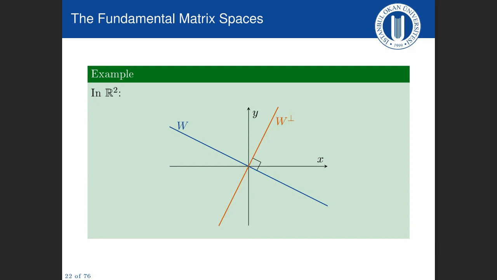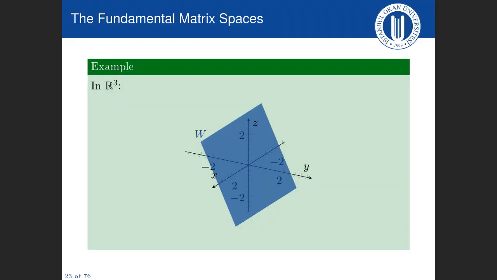So we have another line passing through the origin where the angle between them is 90 degrees. Or let's suppose our vector space is R3, and let's suppose our subspace W is a plane passing through the origin. Then the orthogonal complement of W, all of the vectors which are orthogonal to this plane, is going to be this line passing through the origin.